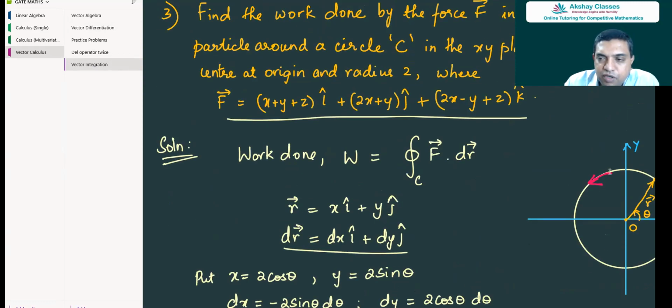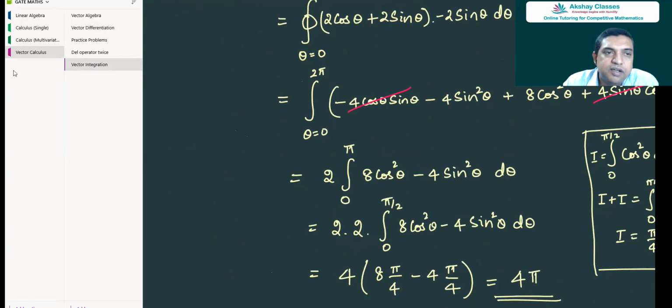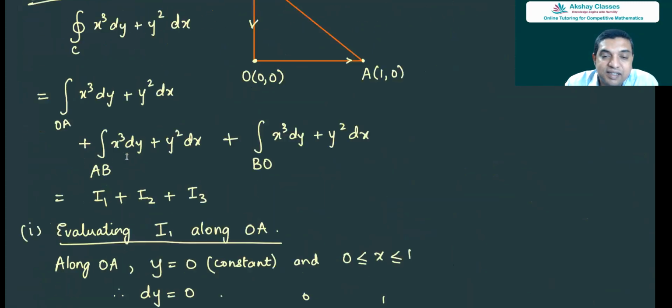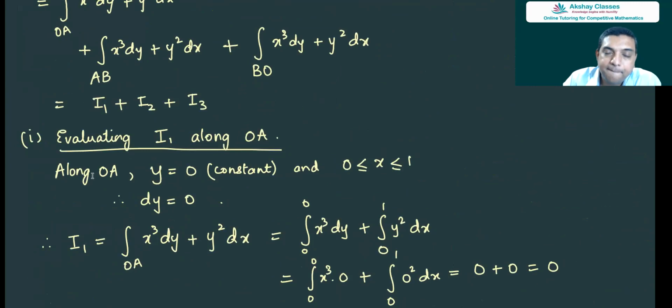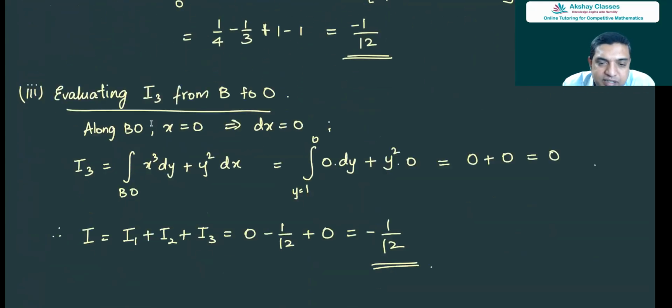The function is dotted with the tangent at every point on the curve. That is the idea. Now, when we do dot ds, interestingly, ds depends on what direction you're going. Again, it represents a tangential plane to the surface.